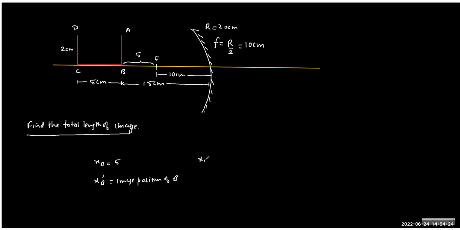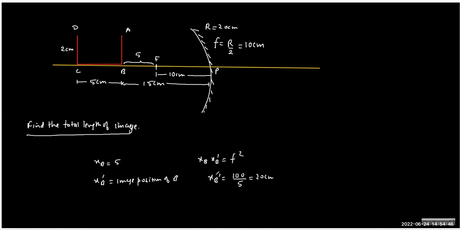Newton's formula. XB into XB dash equals f square. That's pretty easy, no? So 100 upon 5, which is 20. So B will be available at 20 centimeter from the focus. Now remember, its answer is from focus, not from the pole.